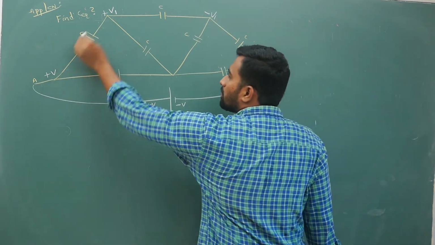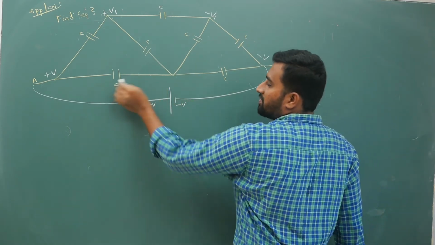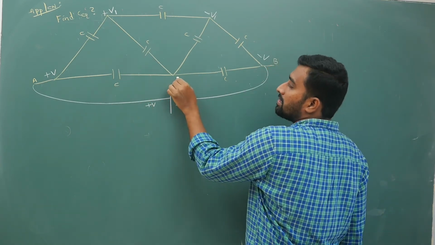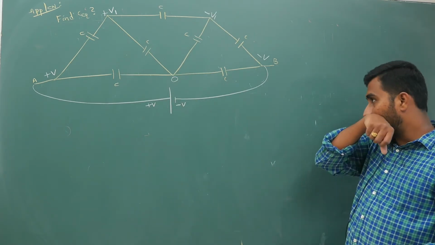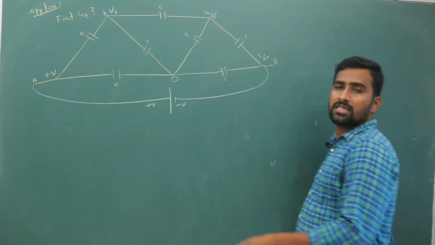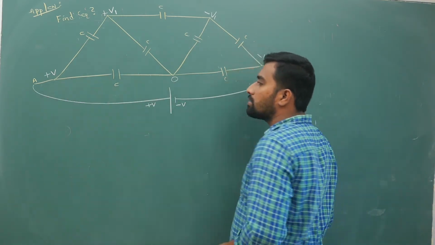For every step from the positive side, take a step from the negative side. Now here if I assume from this side it is plus V2, from this side it is minus V2, plus V2 and minus V2 will become 0. Getting my point? So for every step from the positive side, take a step from the negative side. Like this you have to do.